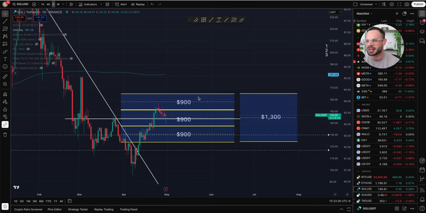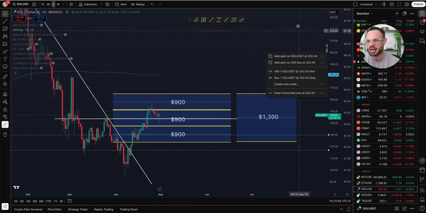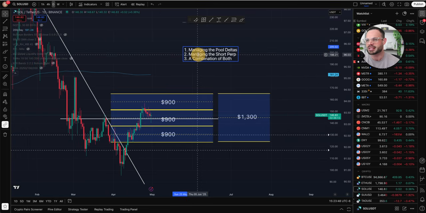And the next part of the equation is how do we manage that strategy on an ongoing basis, given the fact that, of course, as price deviates in range in our pools, we are going to be moving away from being delta neutral.